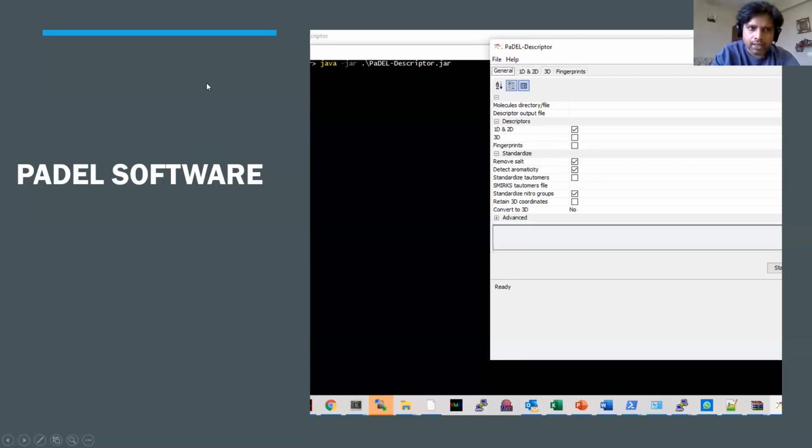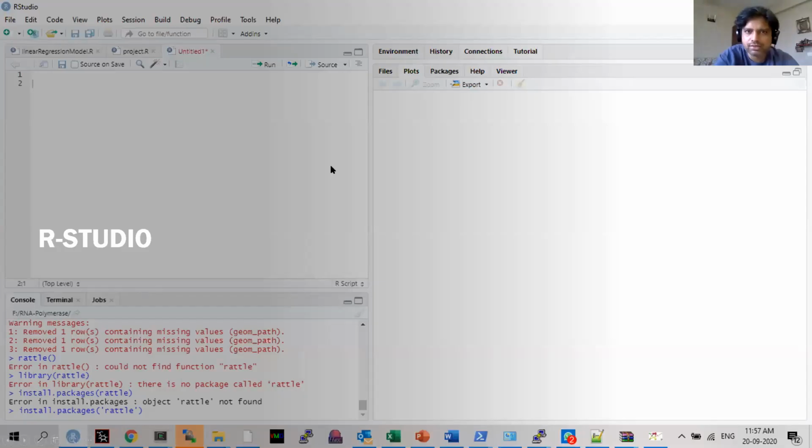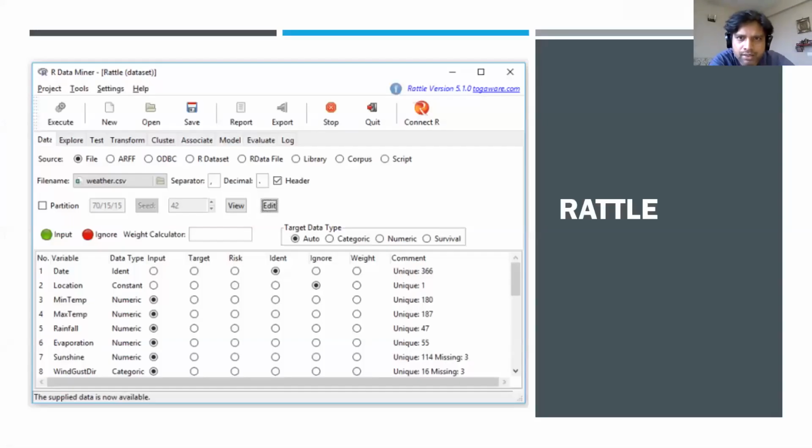And then this is RStudio, because I'm going to use RStudio for creating the model. But one of the utilities in R, which is called Rattle, has a graphical interface. So those people who are not very comfortable with writing code can also use this one. This is also a part of R.